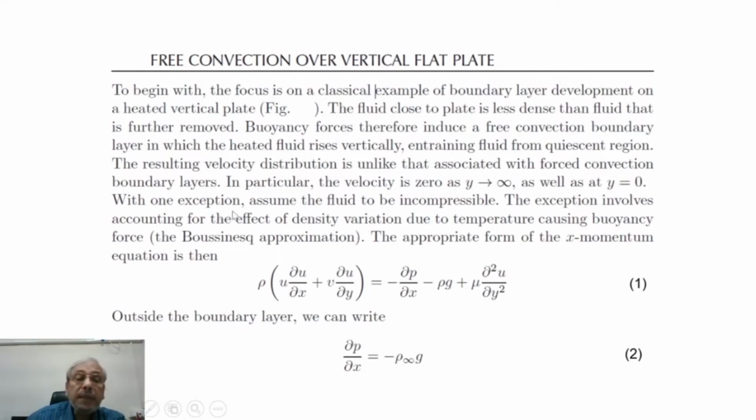With one exception, assume the fluid to be incompressible. The fluid is incompressible, but the fluid has a density difference. The exception involves accounting for the effect of density variation due to temperature causing buoyancy force. And this is what is called the Boussinesq approximation.